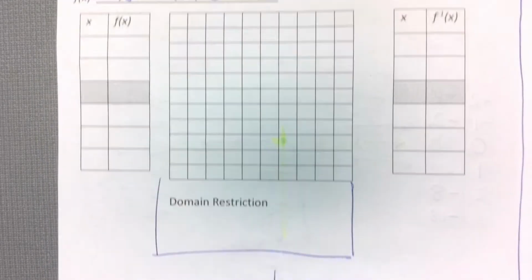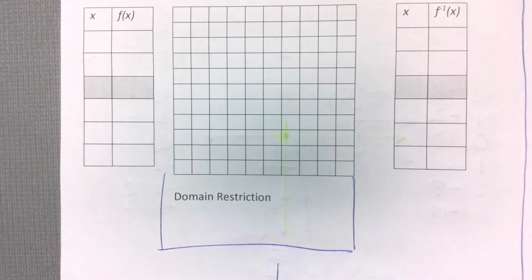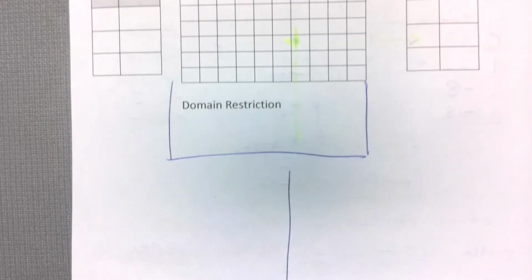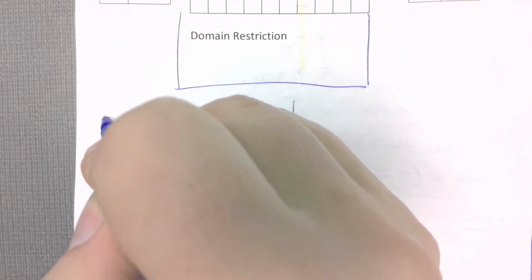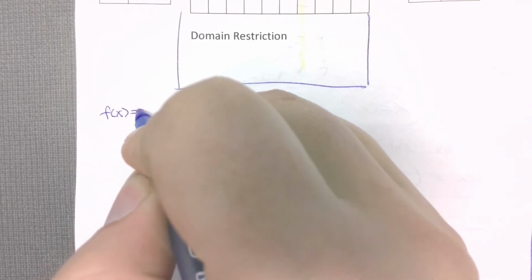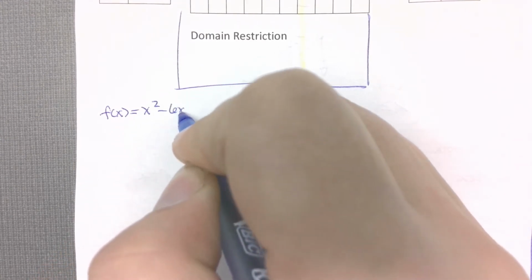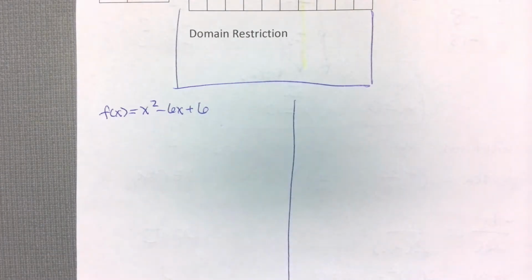All right. What is our first step, you guys? From the front, what do we need to find? Find the vertex. So we've got the equation. What's the formula to find the vertex?